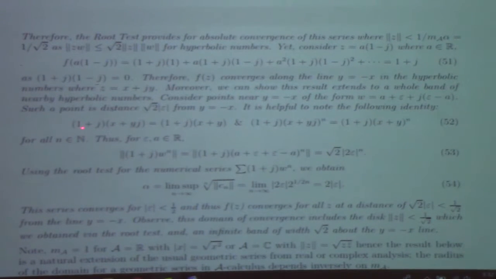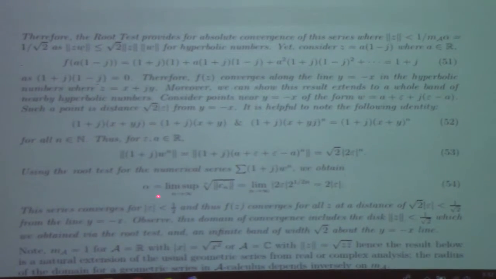And you can also work out this identity. The zero divisors in the hyperbolics do weird things when you multiply. They're really surprising identities. And so he gets this identity: 1 plus j times w to the n is really just root 2 times that.